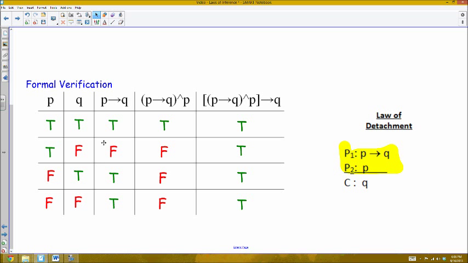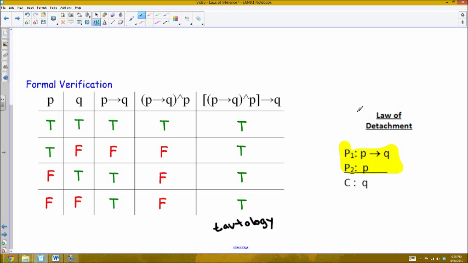So notice that for my test of the argument, all of my truth values in that test are true. That's what's called a tautology, which is always true. And I'll write that down here. Tautology. It's always true.